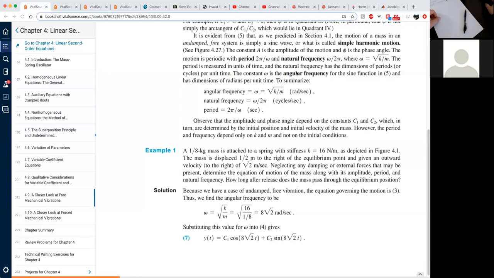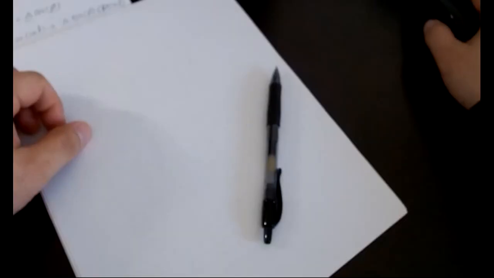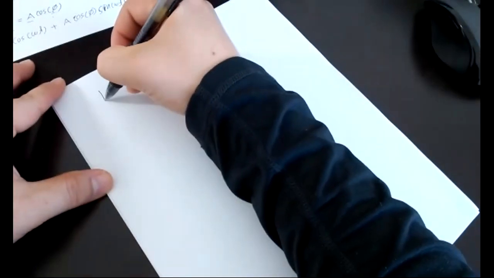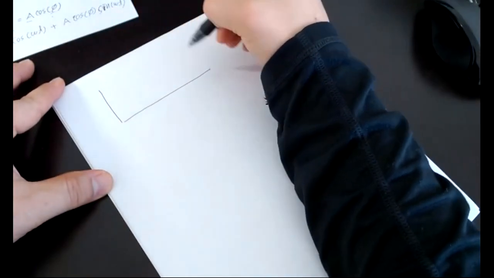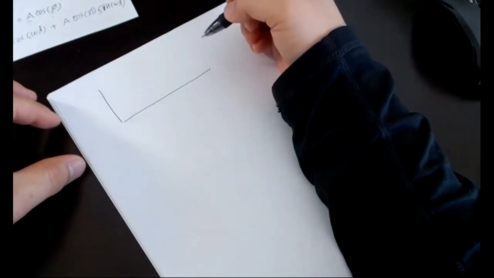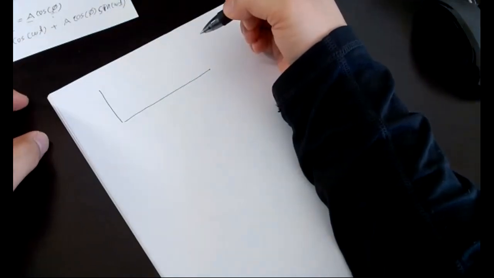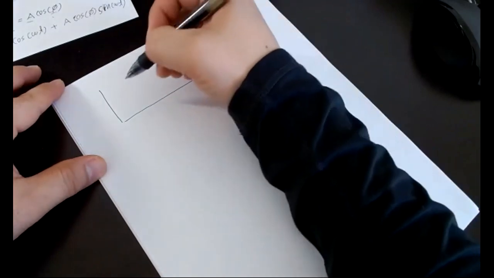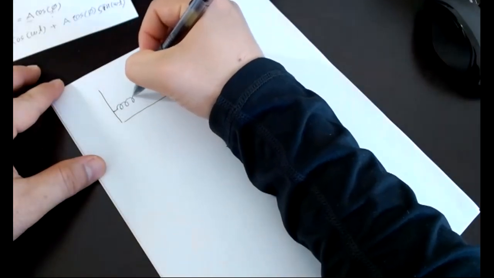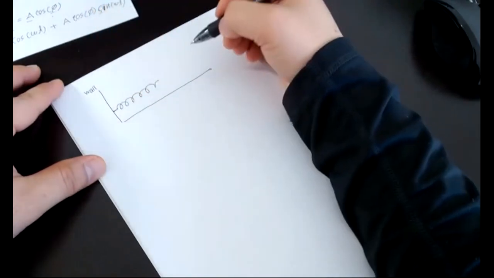All right, so let's figure that out. Definitely the object is not hanging from the ceiling. So maybe the spring is attached to the wall. All right.